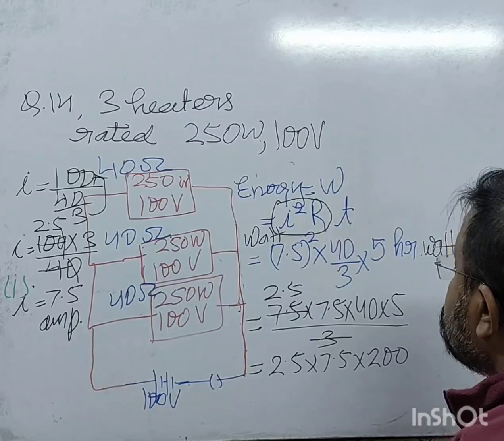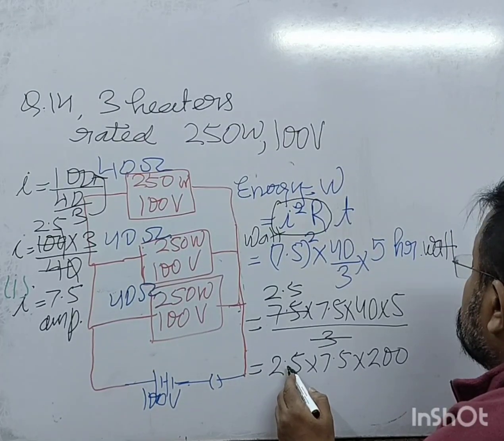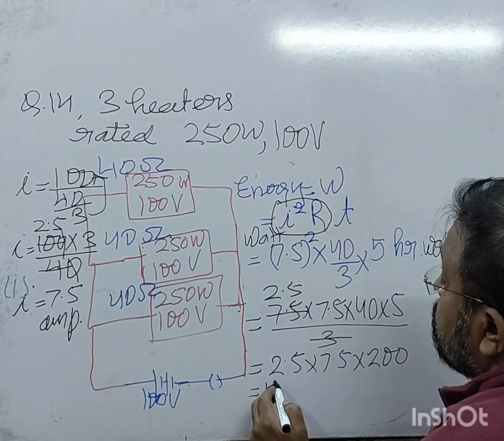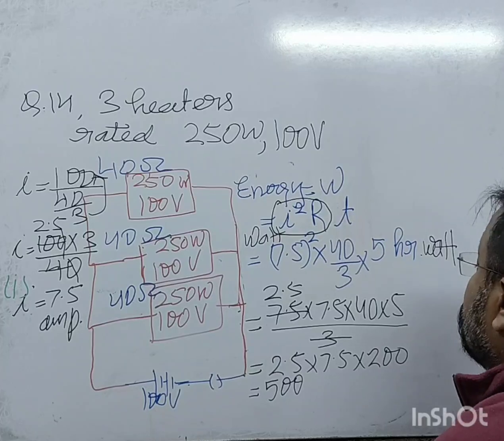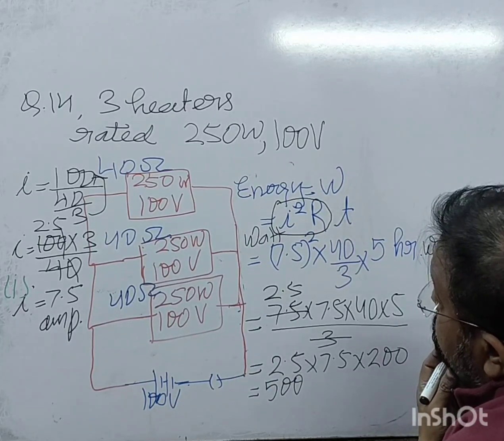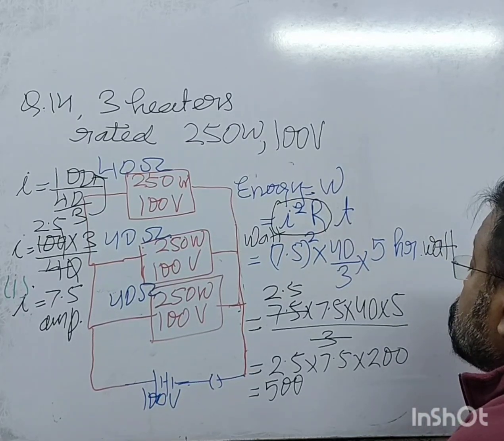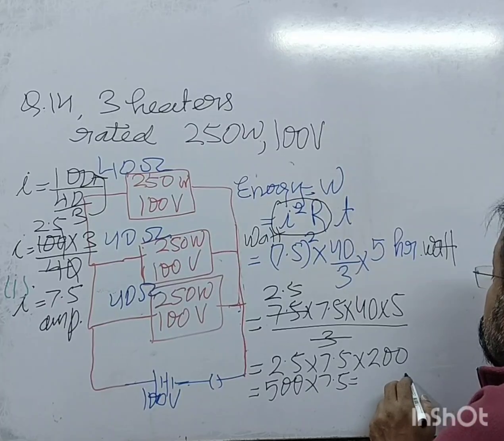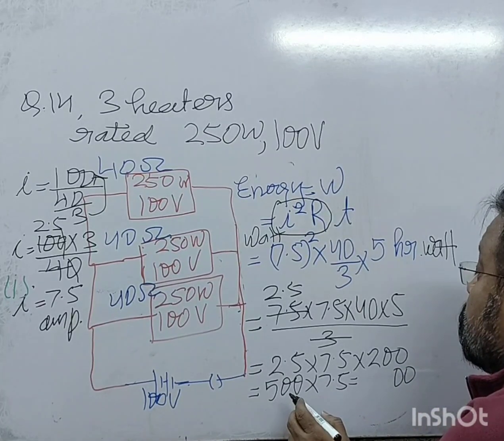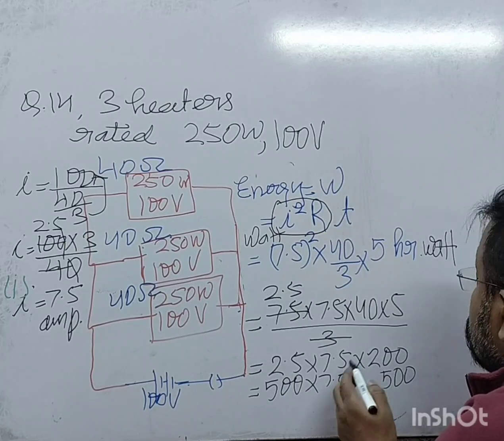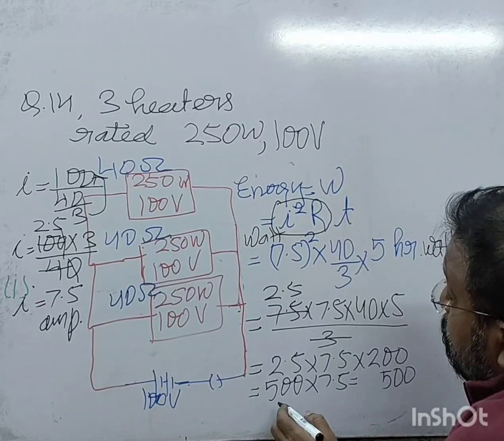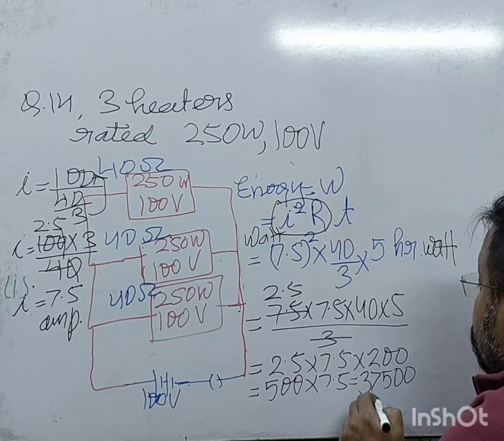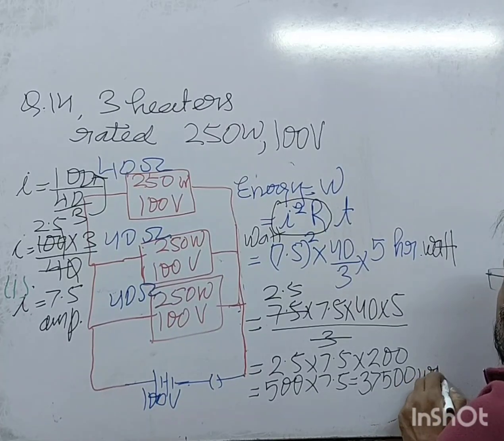Now this is how much? 500. 2.5 into 7.5 into 200 becomes 500 times 7.5, so 5 times 7 is 35, and 5 times 5 is 25. We get 3750 watt hour.